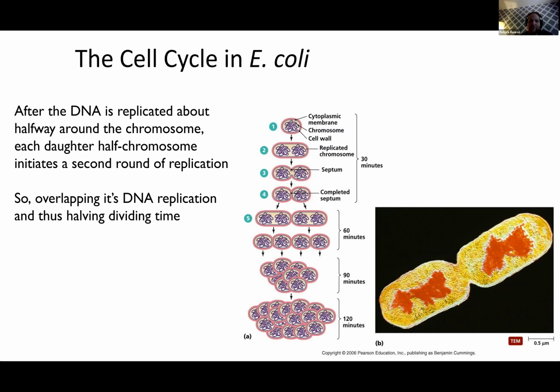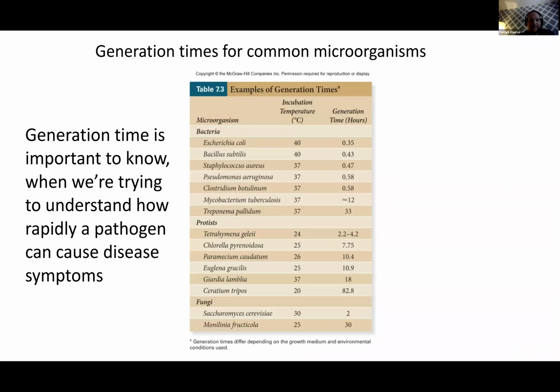So after that initial division, all subsequent divisions are essentially two at the exact same time. So it's kind of fun, right? It can do something really in a short period of time by maximizing its efficiency. If you've ever worked in a factory or anything like that, maximizing efficiency is what it's all about. And generation time is pretty variable.